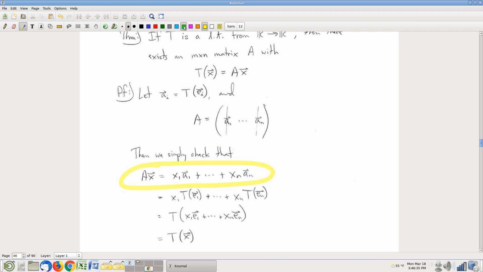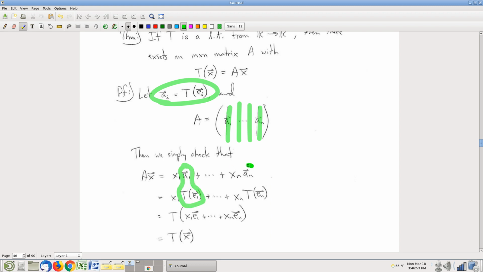Notice these right here that we're taking linear combinations of, my column vectors. Alrighty. Next observation. Those column vectors are the images of the standard basis vectors by construction. Right? We're choosing to write our matrix A as columns being the images of the standard basis vectors.